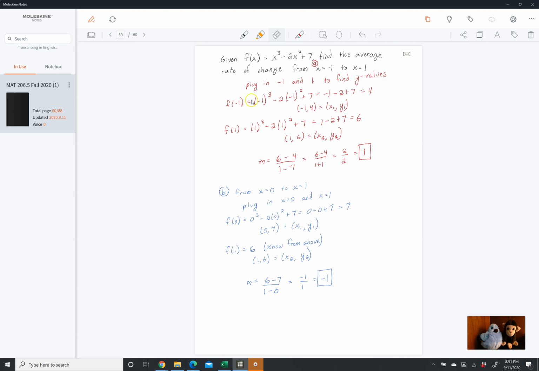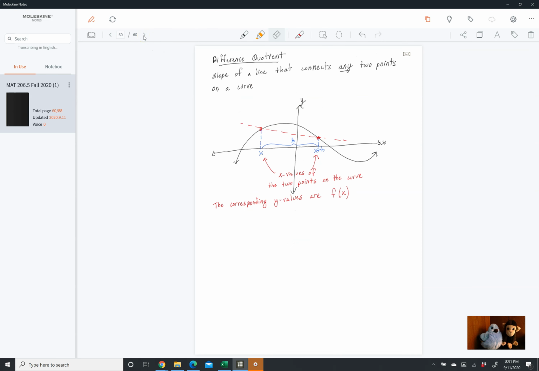So think of -1 as your x, okay? And what happens when we plug in x plus h? So we have our x values and we have our corresponding y values, right?